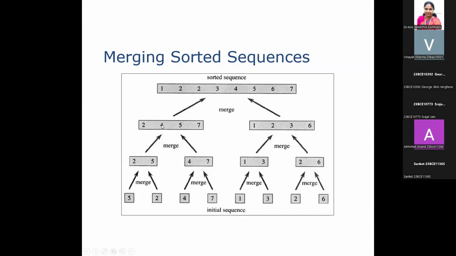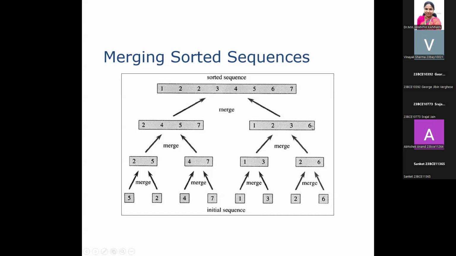Then take 4, compare it with 1, 2, 3. These three numbers are all smaller than 4. When we compare with 6, 6 is greater. So we will keep the 4 after 3. Then take 5 and compare it with 2, 3, 4, 3 and 6. In this case, 1, 2, 3 are smaller than 5.